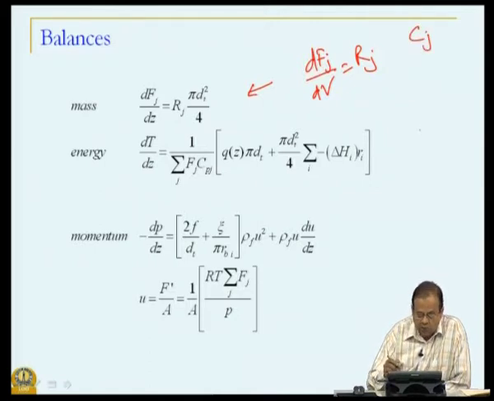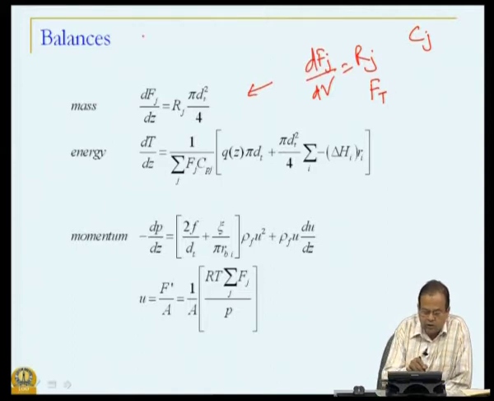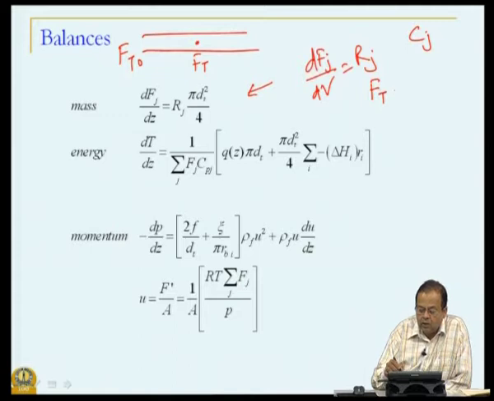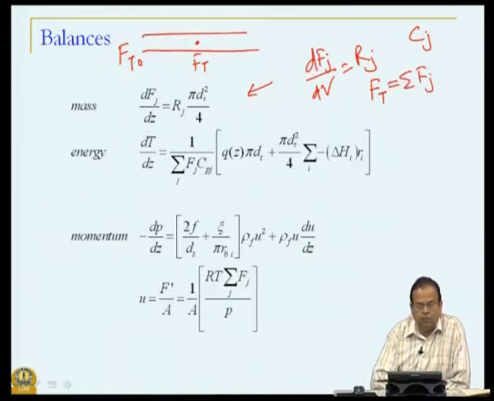The reason being, if you recall, when we talked about stoichiometric tables, we have an increase in number of moles. So, F total, for example, at any point of time, that is, suppose you take this as a reactor and total moles that are entering is Ft0 and at any point of time is Ft, then this Ft is not the same as Ft0.